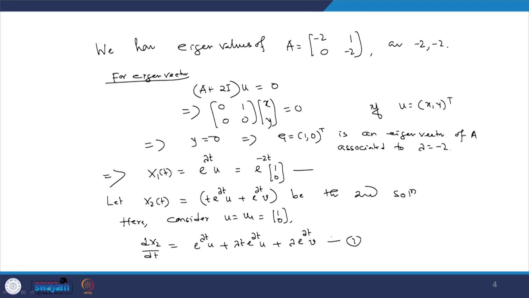Suppose this is the first one, then this must be equal to A into x2, that will be equal to A into t e to the power lambda t into u plus e to the power lambda t into v, these two.